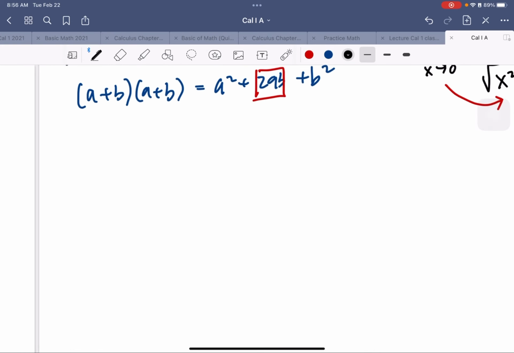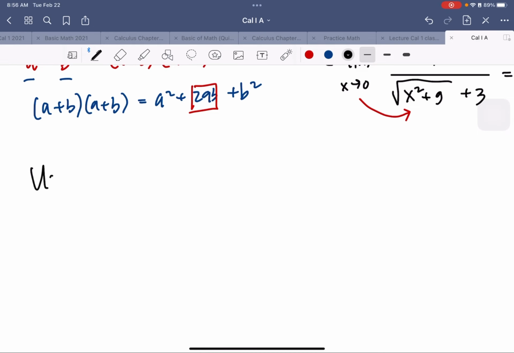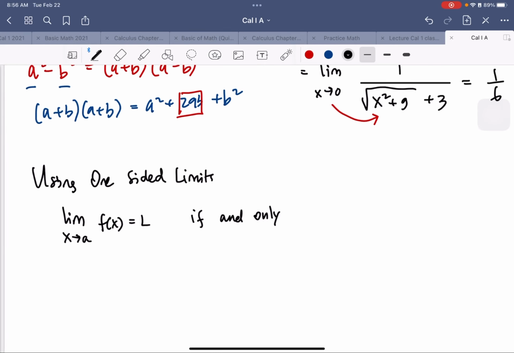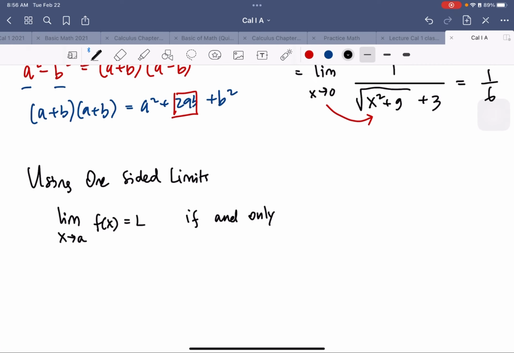The other thing we can use is the one-sided limits. Let me just write this theorem; I think I already wrote it before.